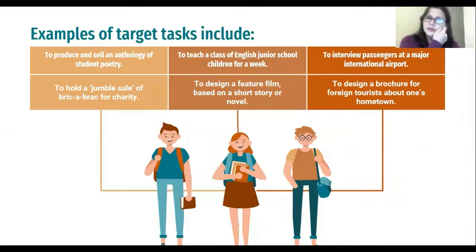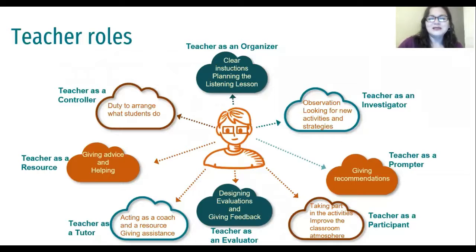Some examples of target tasks include to produce a silent anthology of students' poetry, to design a feature film based on a short story or novel, for example, or to design a brochure for foreign tourists about one's hometown, for example. Now let's talk about a teacher's role.